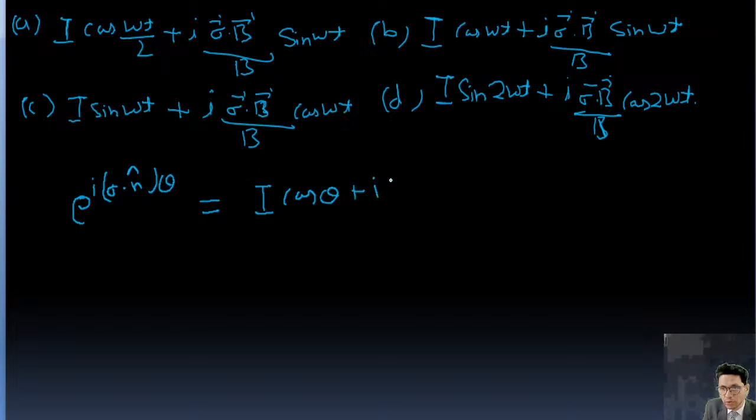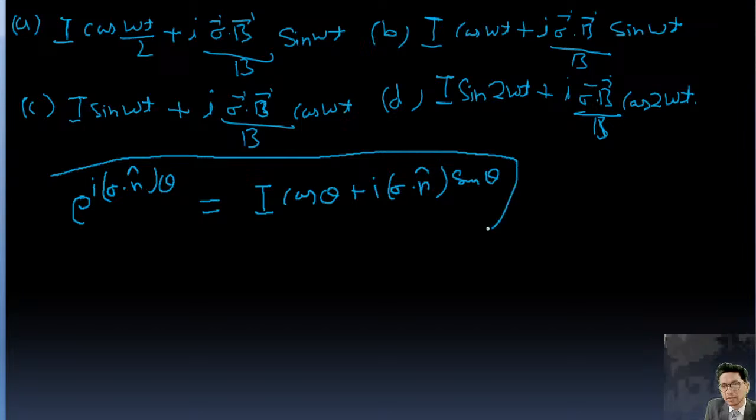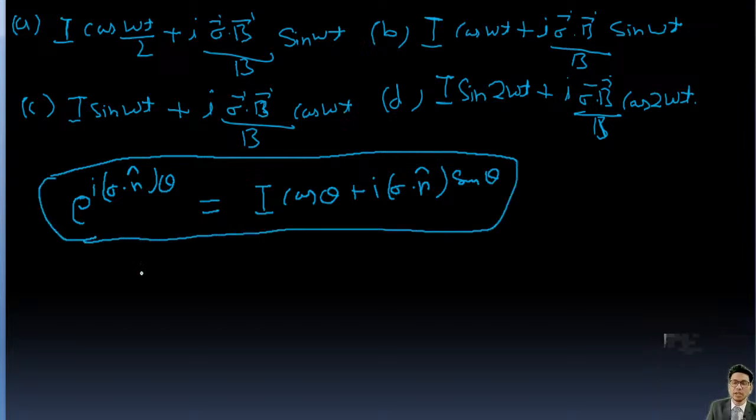The formula is e to the power iota sigma dot n cap theta, where n cap is a unit vector, equal to I cos theta plus iota sigma dot n cap sin theta. If you know this formula, you can easily solve this question.